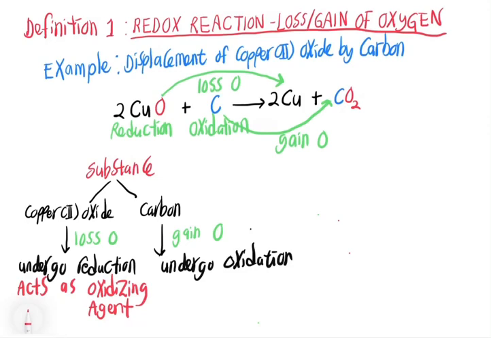Inversely, carbon itself undergoes oxidation, but at the same time carbon causes the other reactant, which is copper(II) oxide, to undergo reduction. So carbon is said to act as a reducing agent.